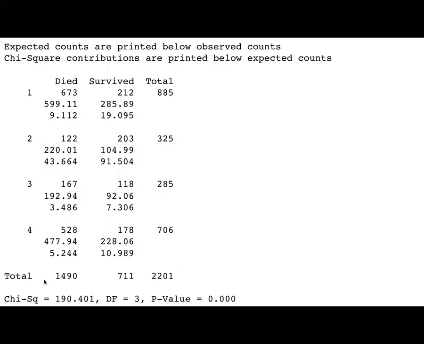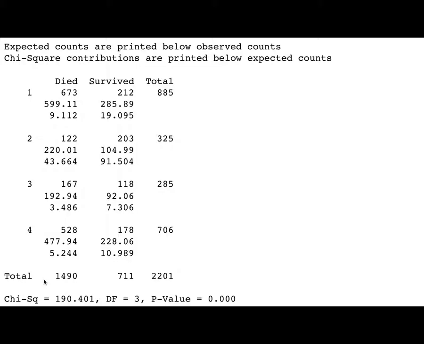So what you should notice is right here, this is where our chi-square value is the smallest. That's where the observed and the expected were the closest. Whereas here, the observed and the expected had a huge difference. At the bottom, you're going to notice the chi-square value, the degrees of freedom, and the p-value. Now, you could be asked, who contributed most to our conclusion?